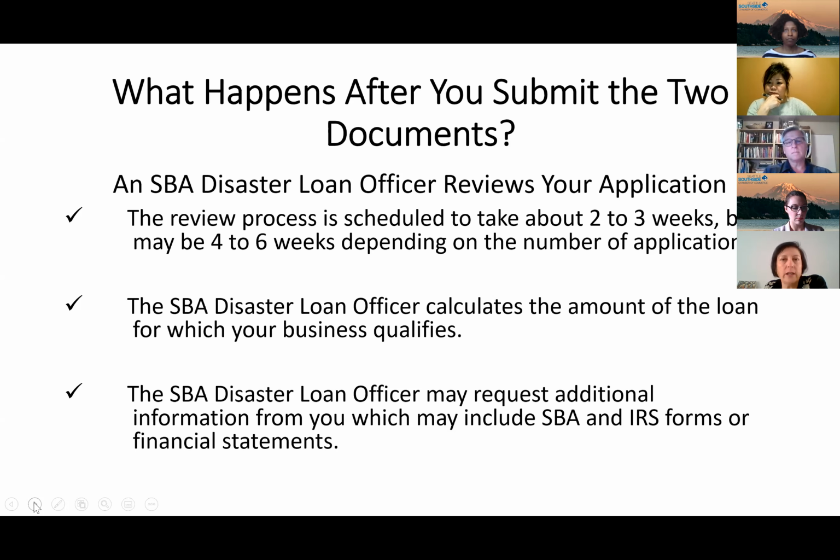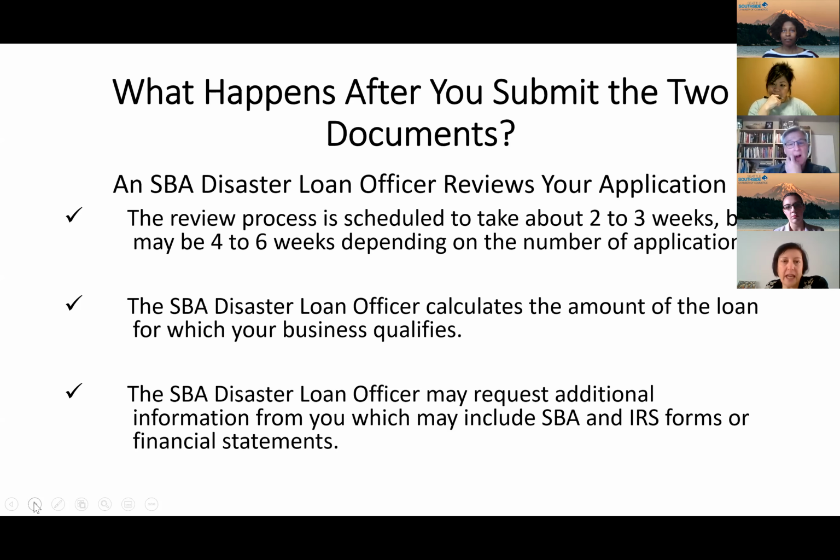However, after talking with the staff yesterday and last week, depending on the volume of applications that they get, you may need to plan for a 4 to 6 week turn time. The SBA disaster loan officer will actually calculate the amount of the loan that they feel you need.